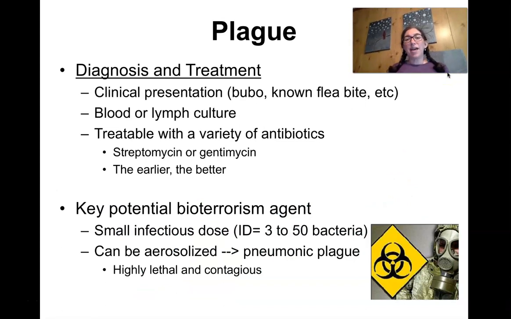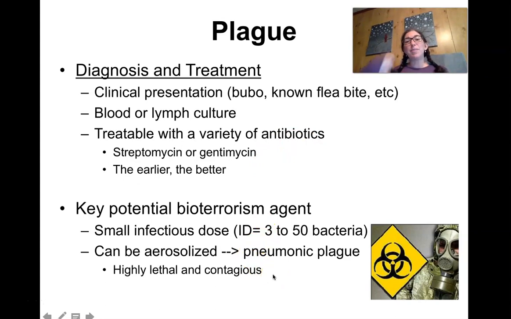So one of the things that is important about Yersinia pestis, the plague, is that it is a potential bioterrorism agent. We do not have a vaccine for it. It is treatable with antibiotics, but again, the earlier the better before it progresses and does too much damage. And it has a really small infectious dose.